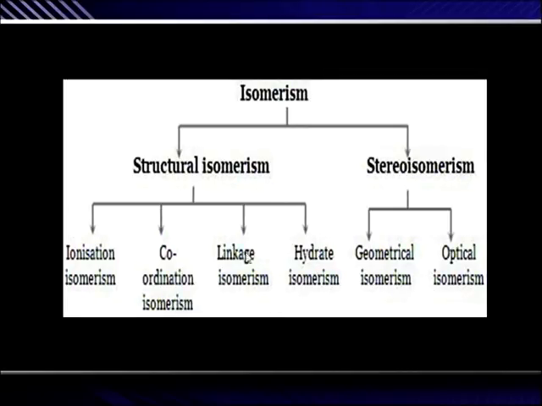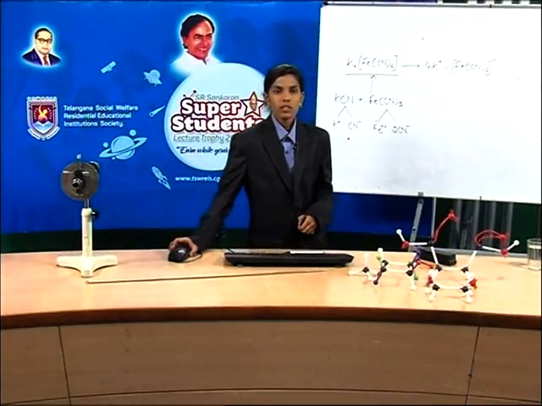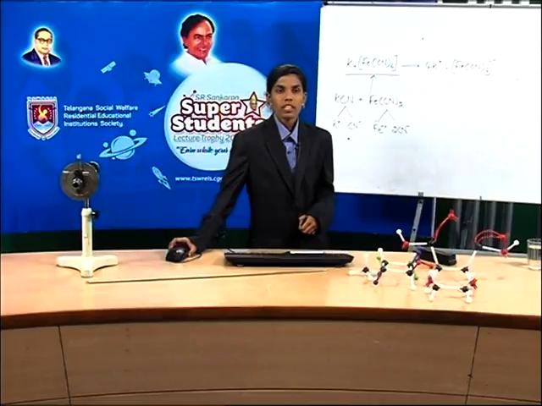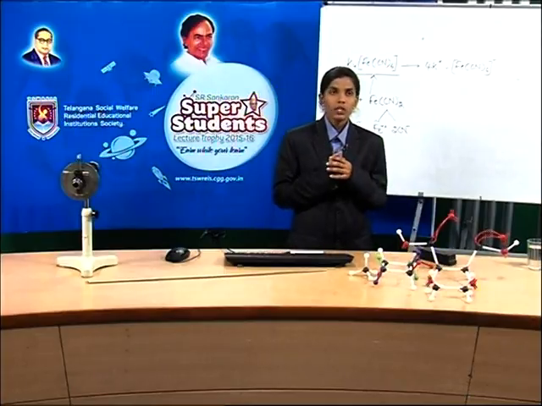Now, let us have a look at the types of structural isomerism. There are 4 types. One is ionization, the second one is hydrate, the third one is linkage, and the fourth one is coordination isomerism. Now friends, let us look at ionization isomerism.